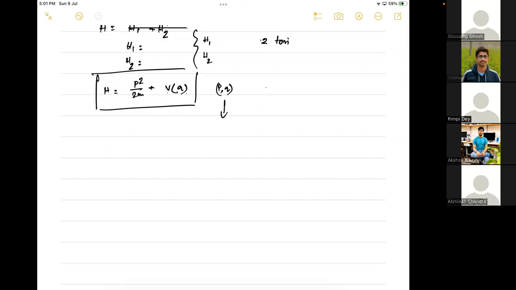So we can transform this Hamiltonian from the p, q variables to J, theta variables, let's say. Here J is the action and theta is the angle. Okay, so we can transform the p, q phase-space variables to action-angle variables, J and theta. Now this transformation is called a canonical transformation.